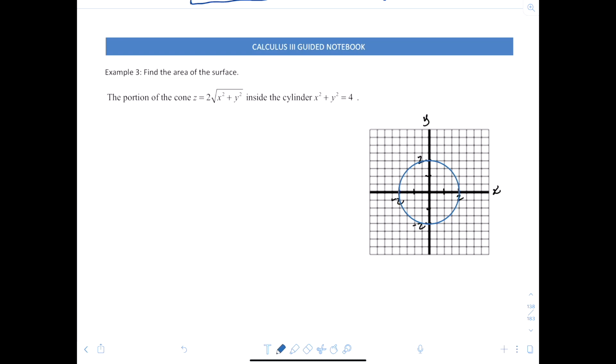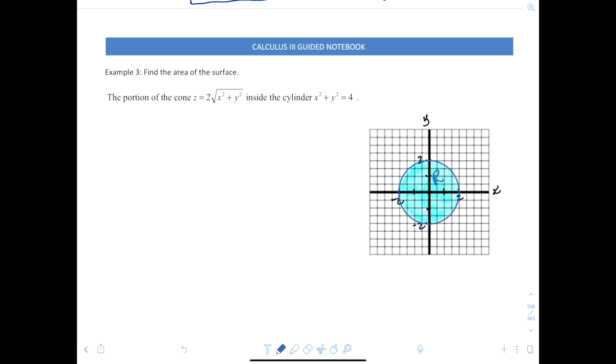And then our region is here. Our region R.